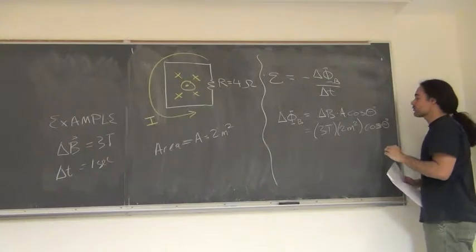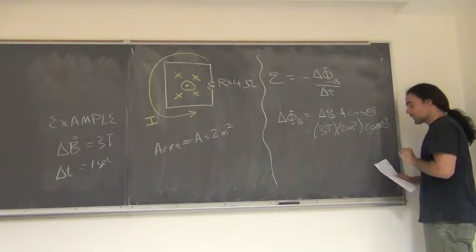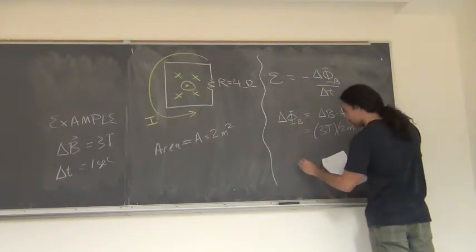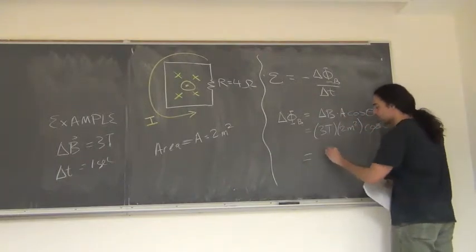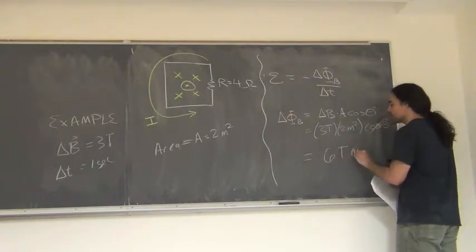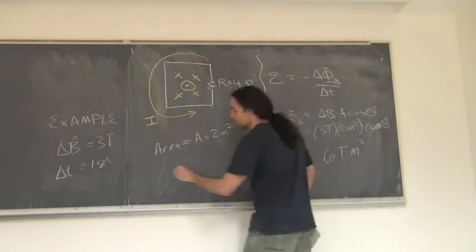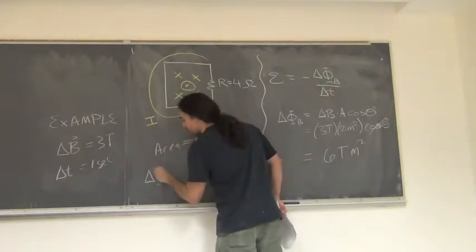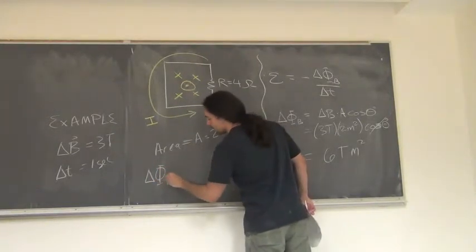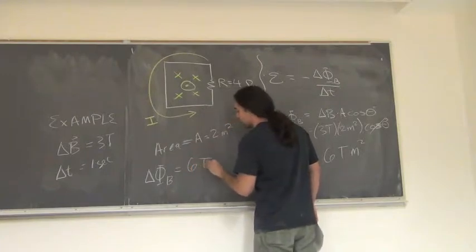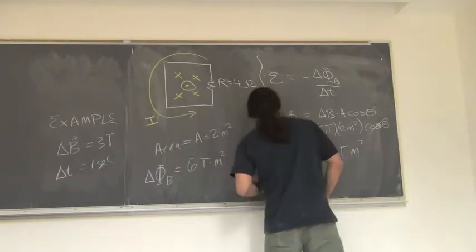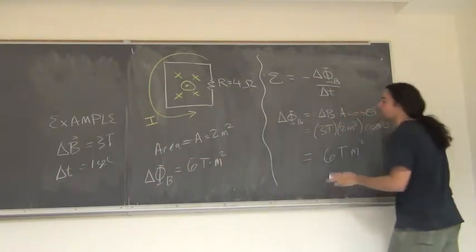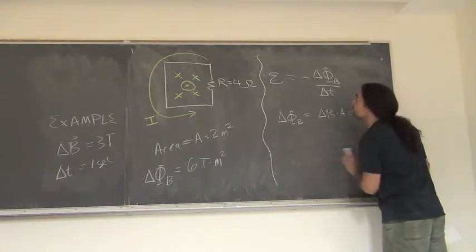Cosine of 0 degrees is just 1, so that goes away. So we're going to be left with a magnetic flux of 6 Tesla meters squared. I'm just going to write that over here. The change in magnetic flux is 6 Tesla meters squared. So we have that.